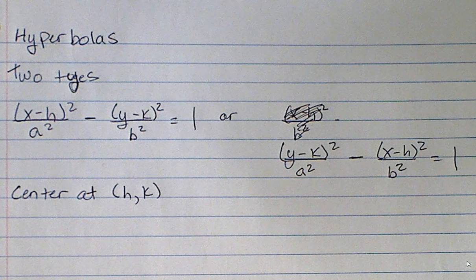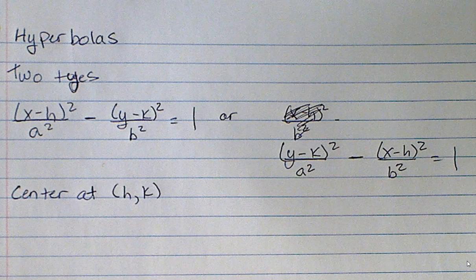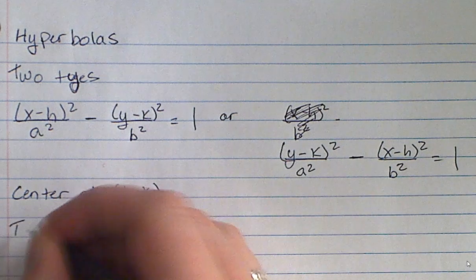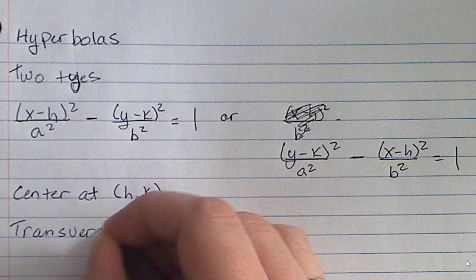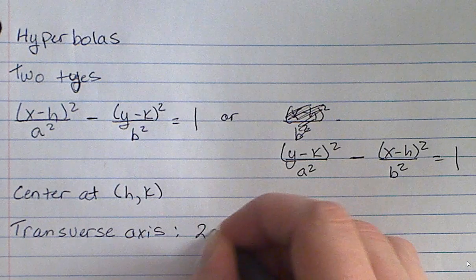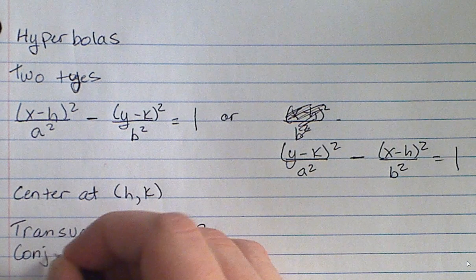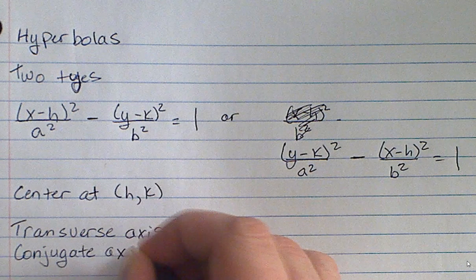The next thing that you know is that there are two things called the transverse axis and the conjugate axis. The transverse axis is 2a. The conjugate axis is 2b.